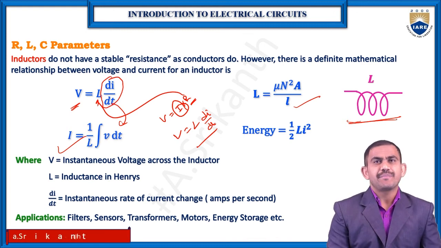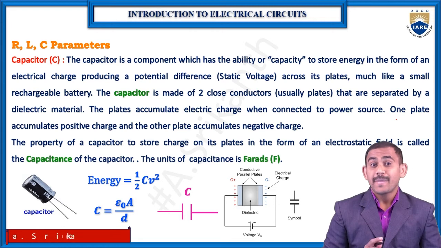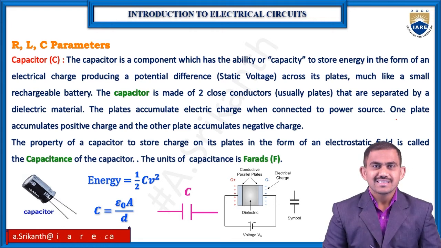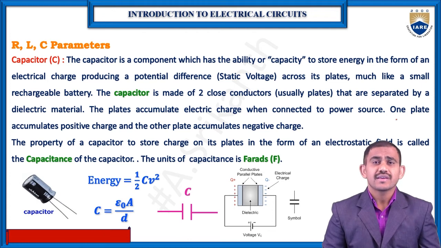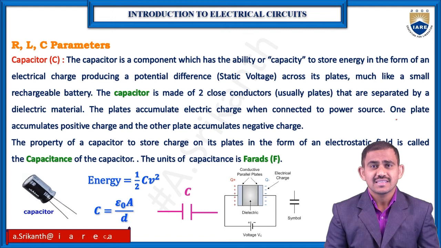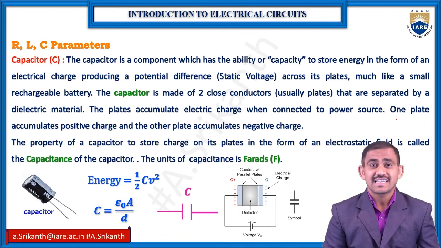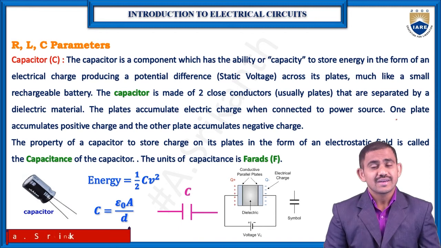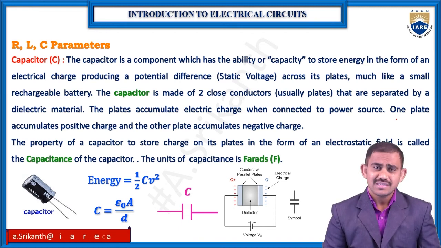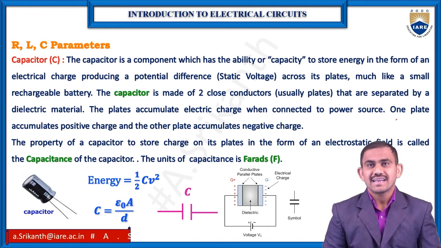Moving to the capacitor, this is also a passive element, and this is also a bilateral element. Where you have AC voltages, AC capacitor, there you can say this is a bilateral element. For DC we have a different capacitor. For DC it's not a bilateral element, for AC it's a bilateral element.